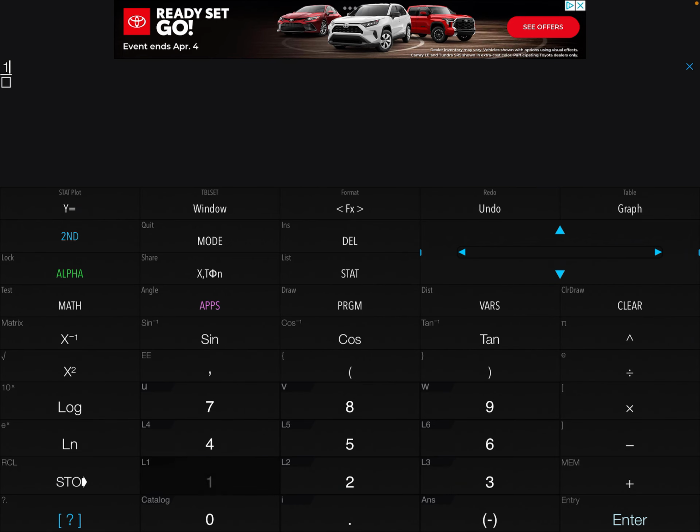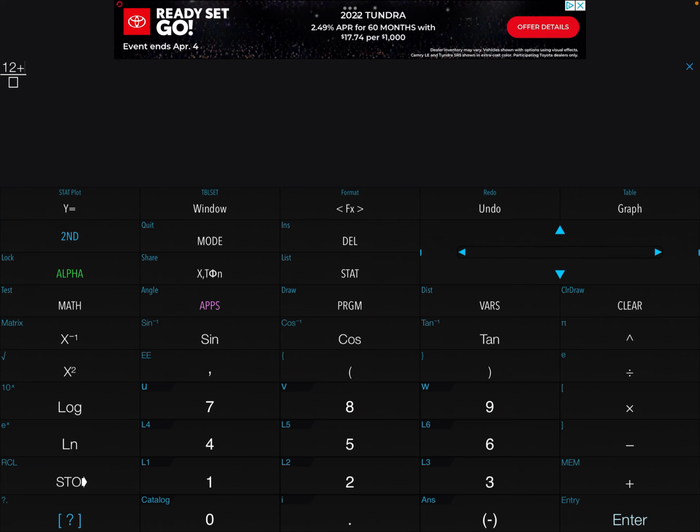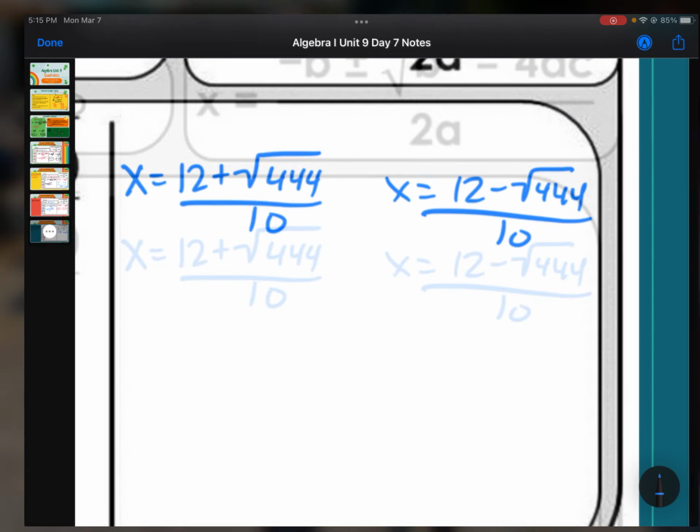I have 12 plus square root of 444 divided by 10. Enter. 3.307. So in the notes, I asked you to round to the nearest tenth. So this second 3 here is in the tenths place, and the 0 is in the hundredths. So I look to the 0. The 0 says keep it a 3. So my answer would be 3.3.